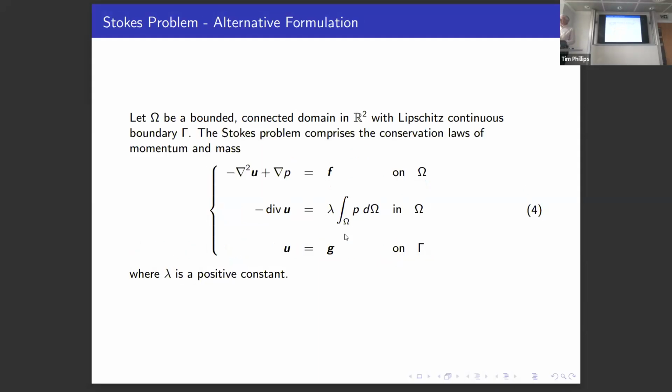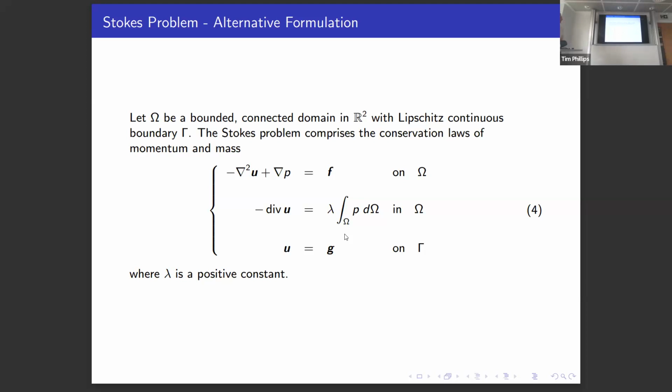Okay, so I want to look at an alternative formulation, and the only difference with the equations I gave right at the start is that I've now modified the mass equation to contain a non-zero right-hand side. And the right-hand side is some parameter lambda, which is at our disposal, times the domain integral of pressure. So why have we done this?